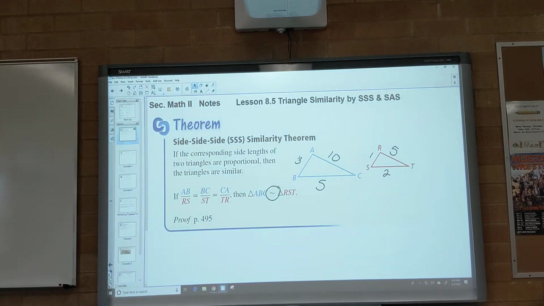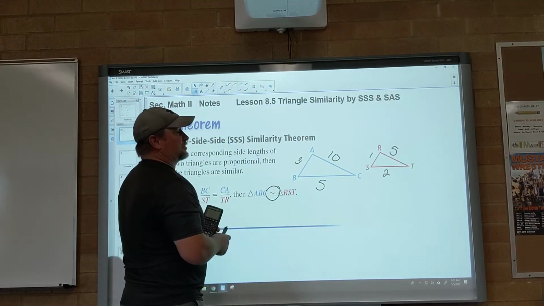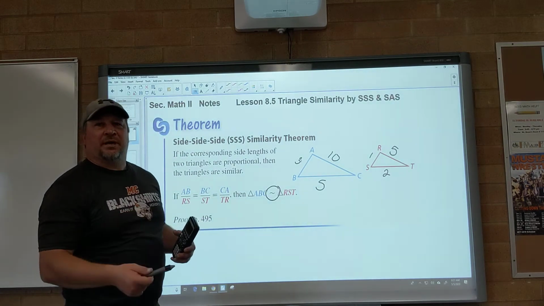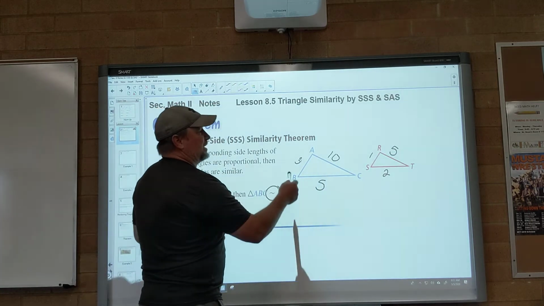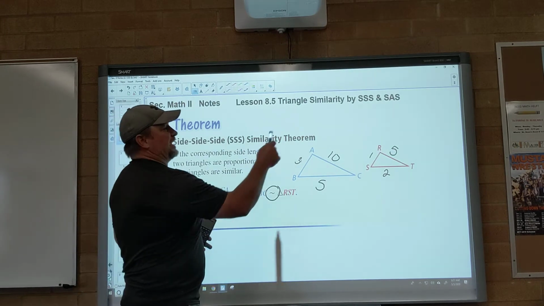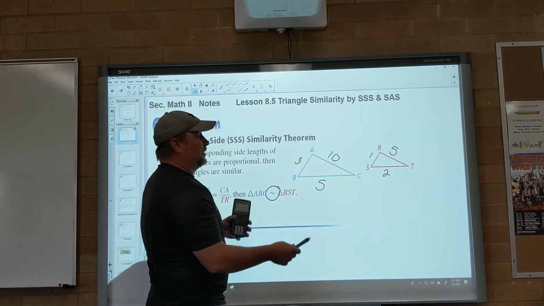And another way you can look at it too, once the numbers are on the pictures, just remember, big has to go with big, medium numbers have to go with medium-sized numbers, and small numbers have to go with small numbers. So obviously the 10 and this 5 would go together, even though there's a 5 on this problem.